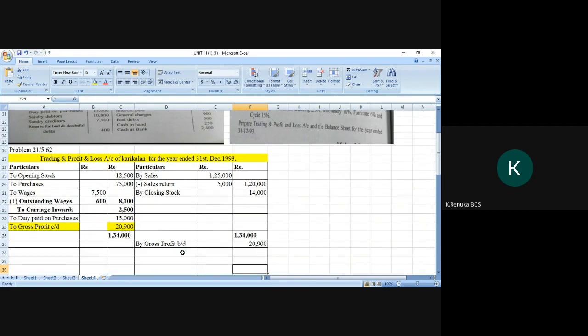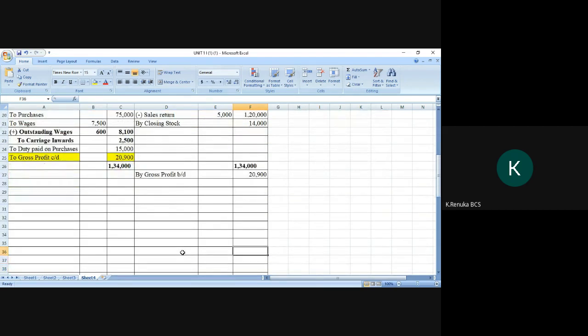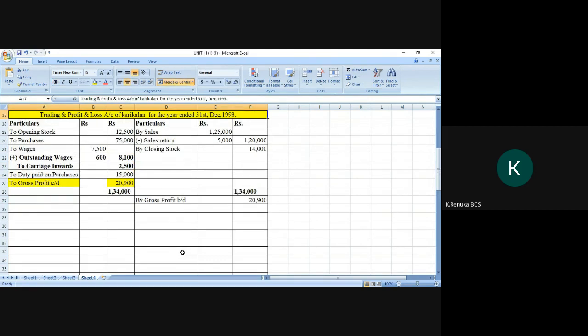Now you need to enter all the expenses which have been incurred at the time of producing the products. Whatever expenses have been incurred has to be entered in the profit and loss account.